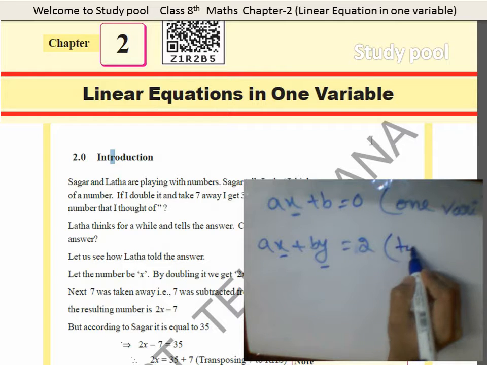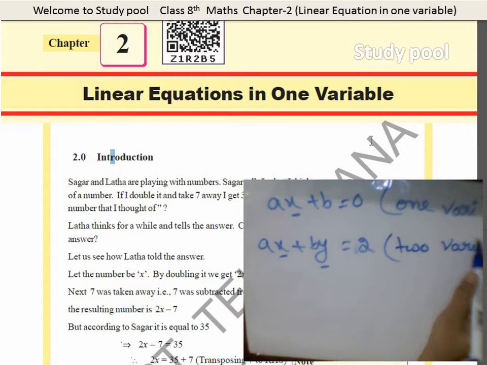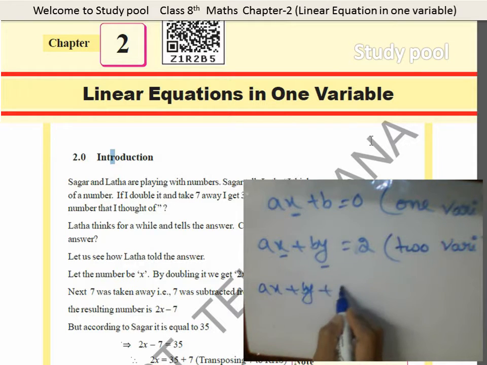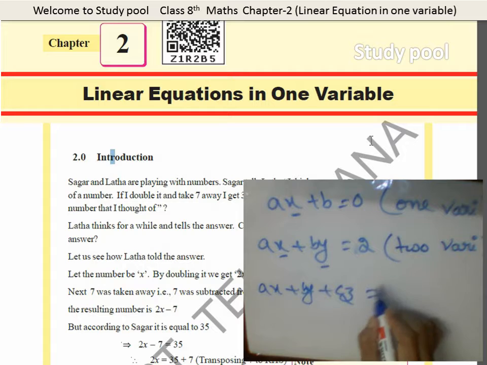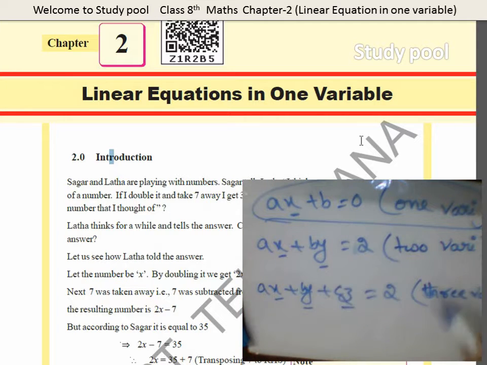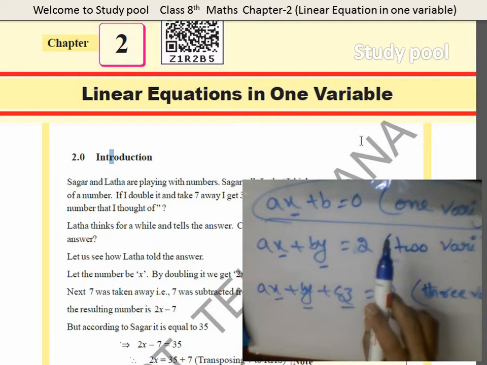Now if I take ax plus by plus cz is equal to 2 or 3, whatever it will be, here you observe x, y and z, so 3 variables are there. So we have one variable, two variables and three variables. Here it is given linear equation in one variable. One variable you got.